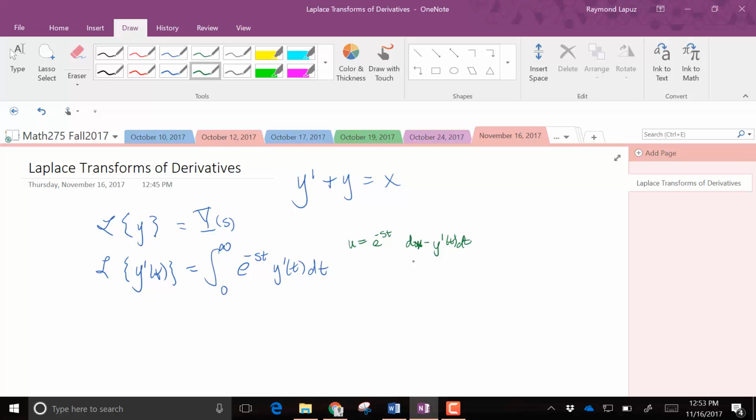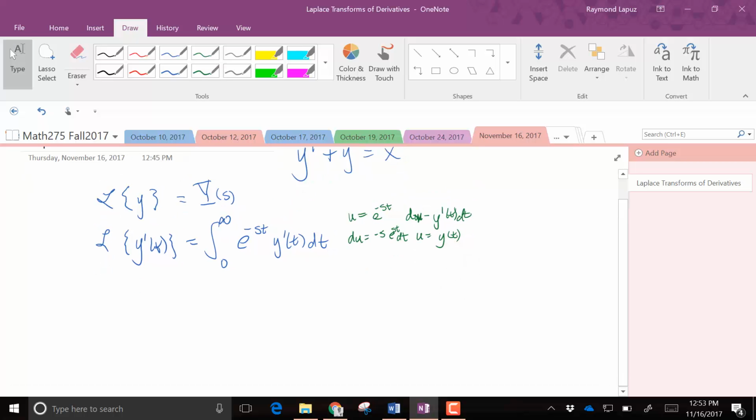This will bring me to the original y of t, and then du is going to be, we're integrating with respect to t, so s is a constant, so it's going to be minus s e to the minus st dt. Need more space.